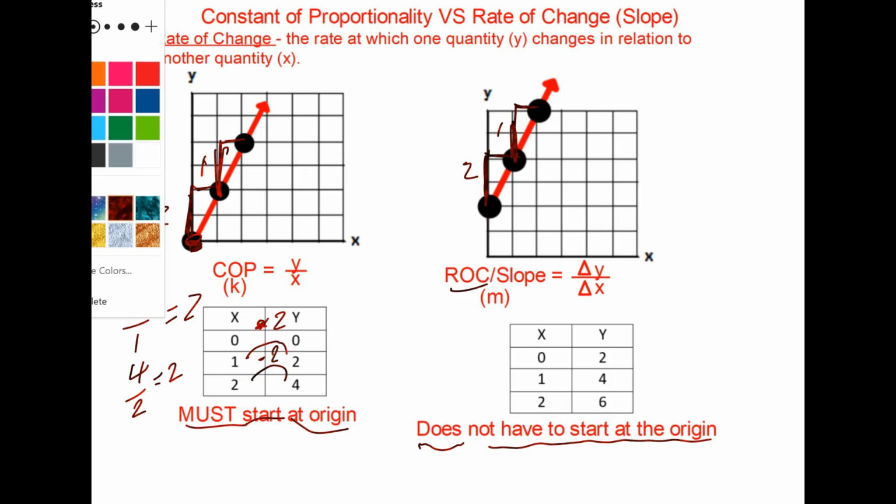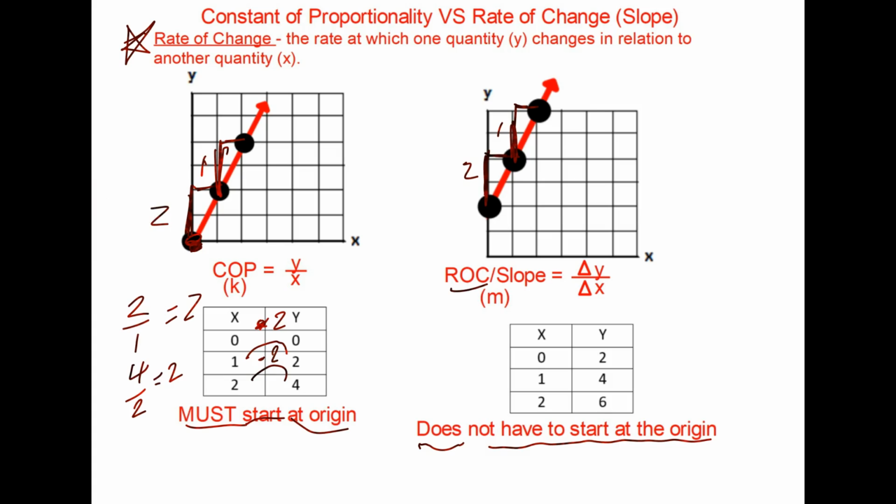So if I do this, let's go to the galaxy. We're going to leave lava and go to the galaxy. If I use the same method, 4 over 1 gives me 4. If I do Y over X, like I did over here, and then I do 6 over 2, that gives me 3.